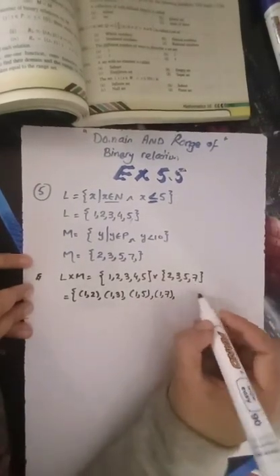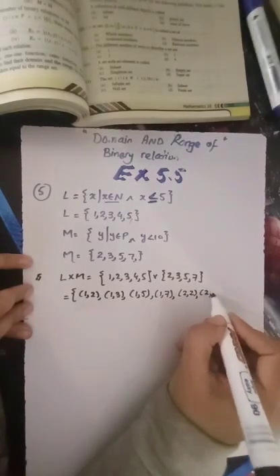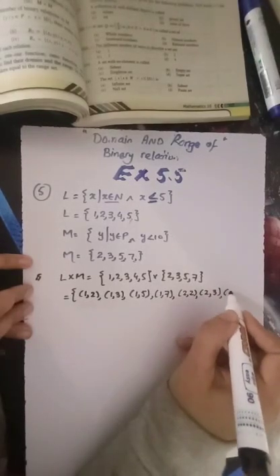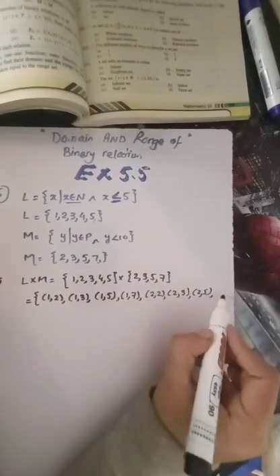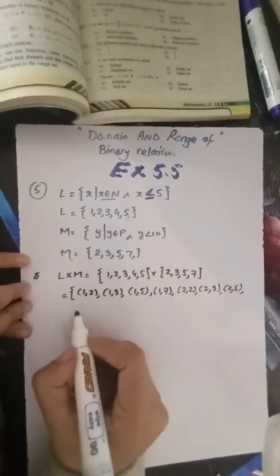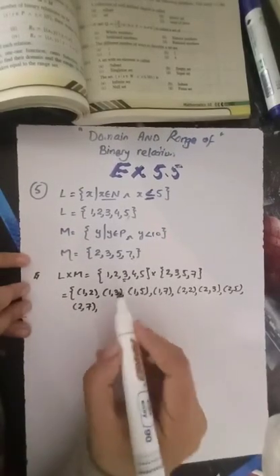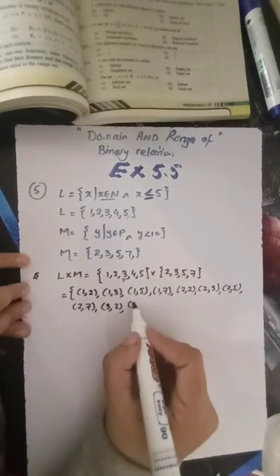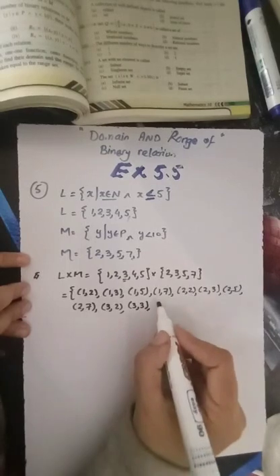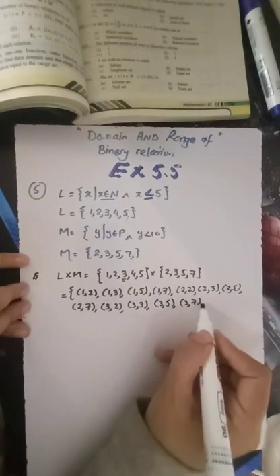Okay, so it will contain 2, 2, 2, 3, 2, 5 and 2, 7.